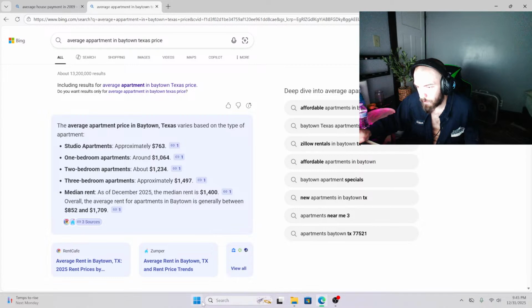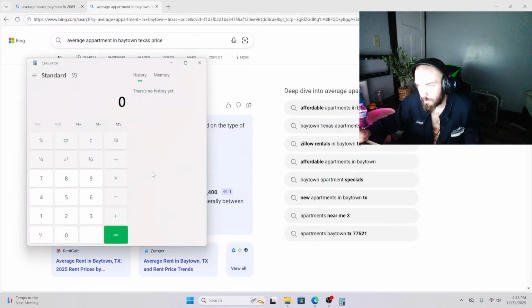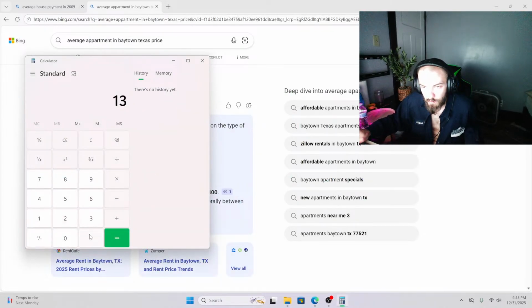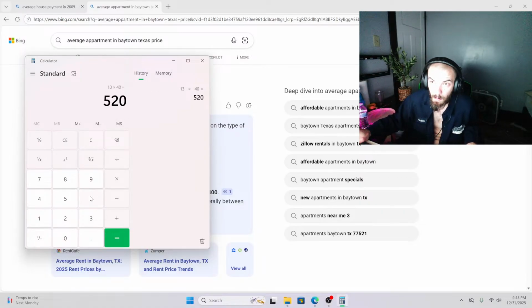So we can go back over here. We can go to calculator. $13 times 40 equals 520. Let's say you work some overtime to make up for the taxes on that, like 50 hours or something like that.